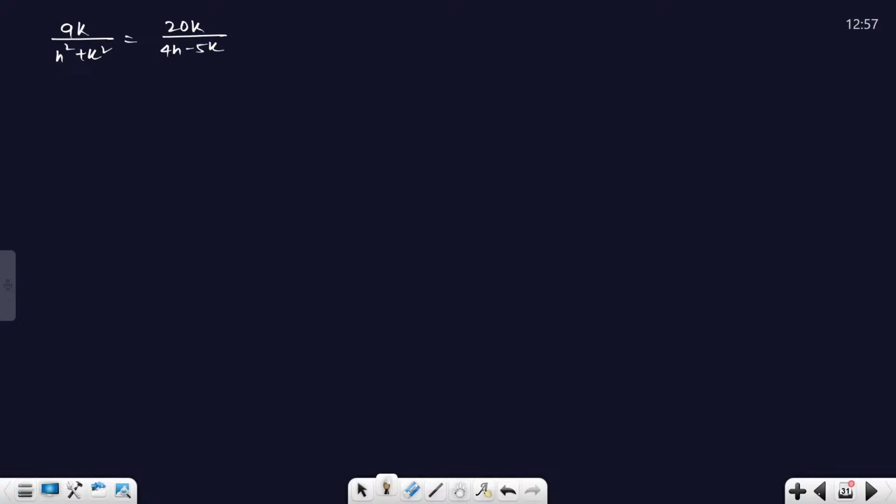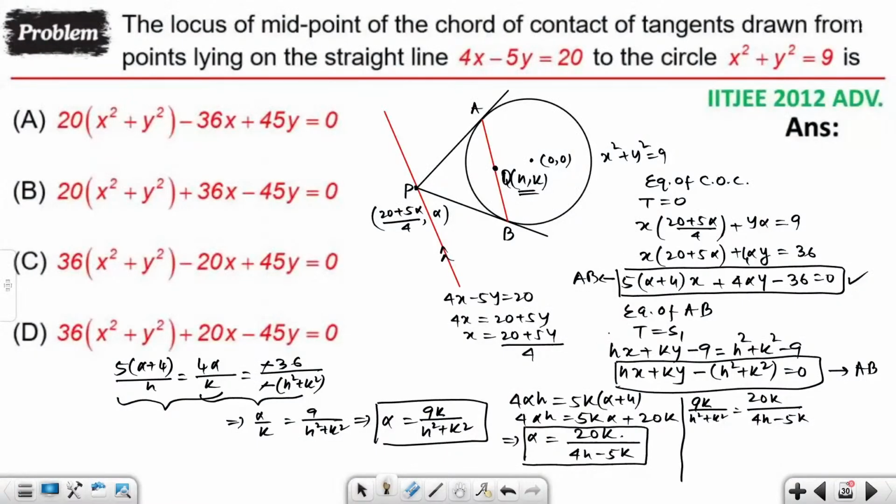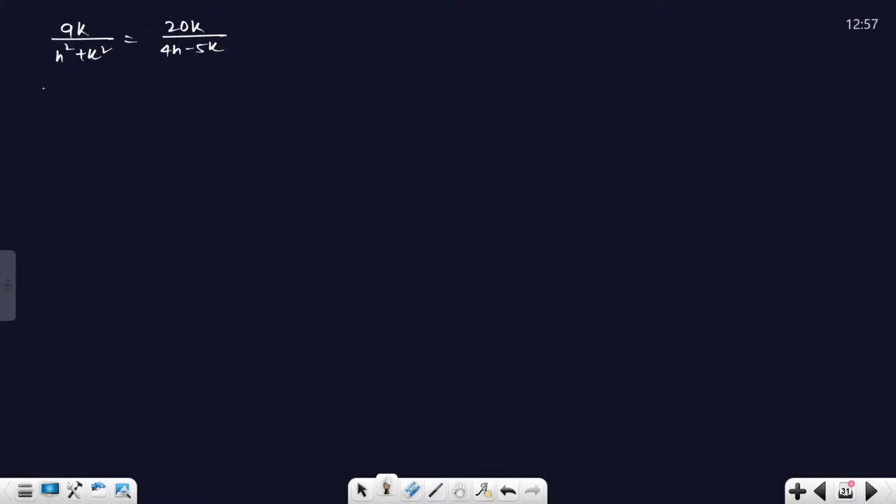I think I'm correct. So if I now cross multiply, what we are going to have, 9 4s are 36kh minus 45k square, that equals to, oh, one thing I can do, I can cancel k from both sides, right?